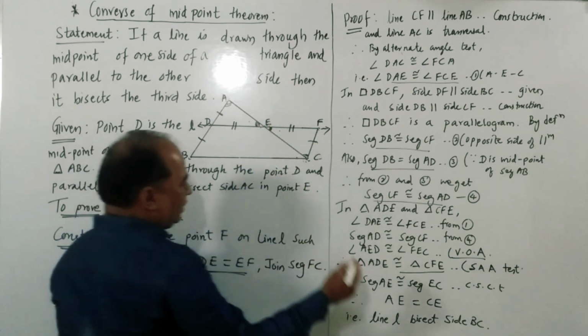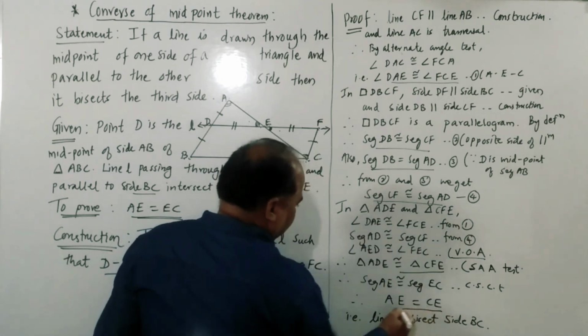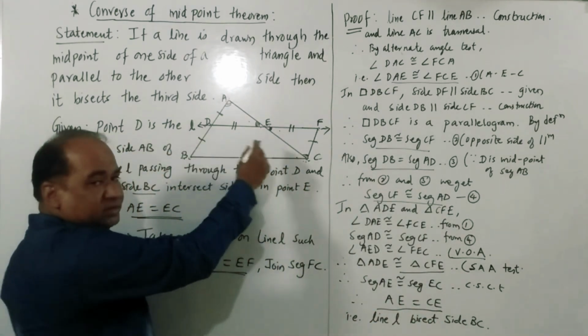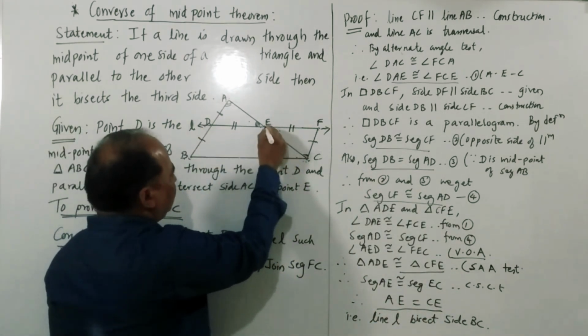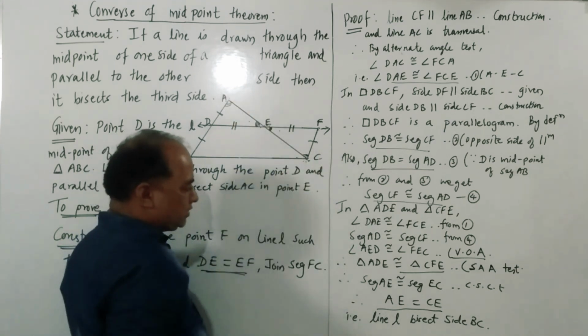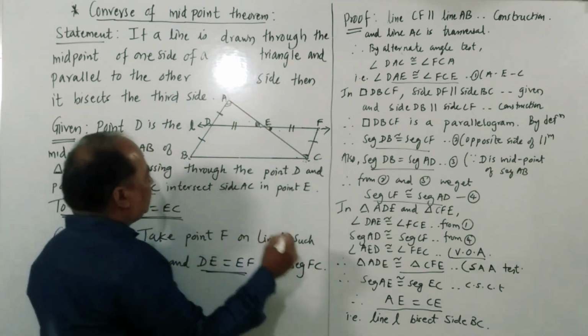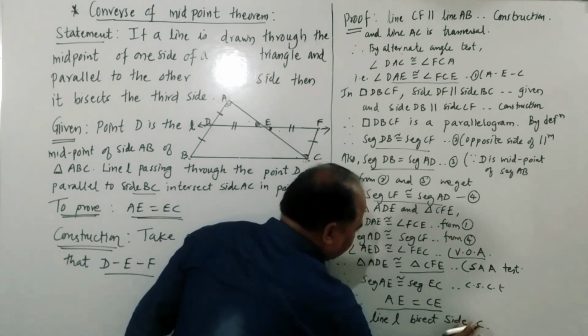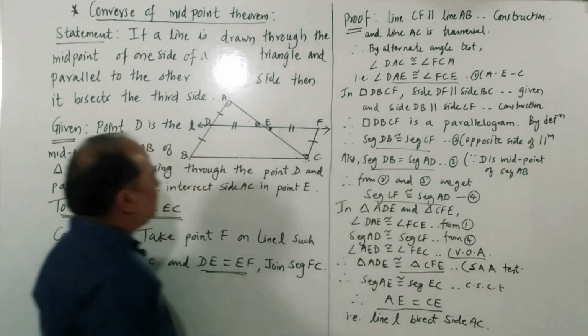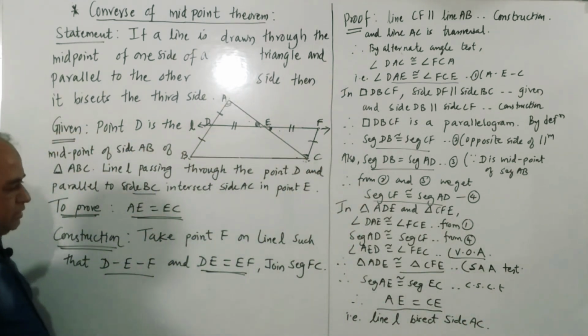Therefore, AE and EC are equal, and line L bisects side AC.